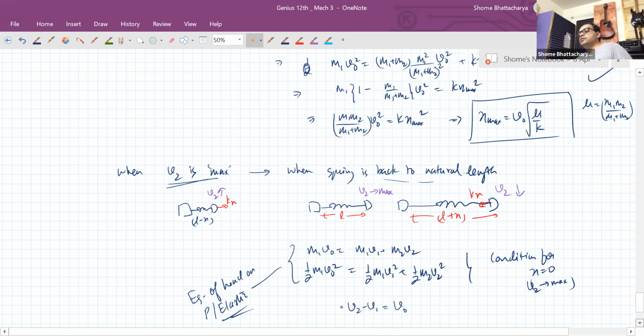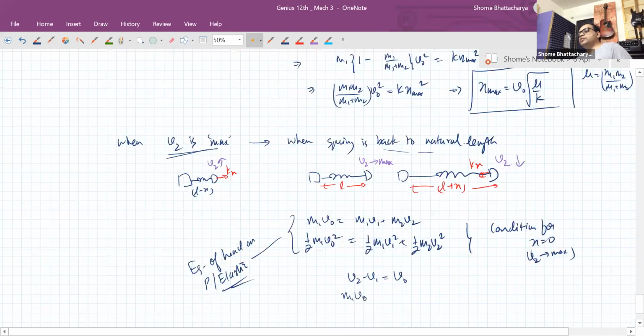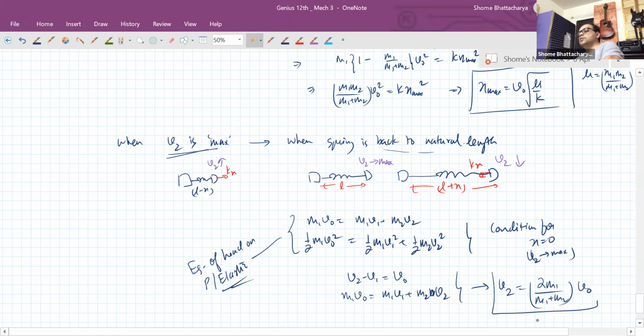And M1 V0 is equal to M1 V1 plus M2 V2. So from this you will see that V2 will become 2M1 upon M1 plus M2 times V0. This is the maximum value of V2.